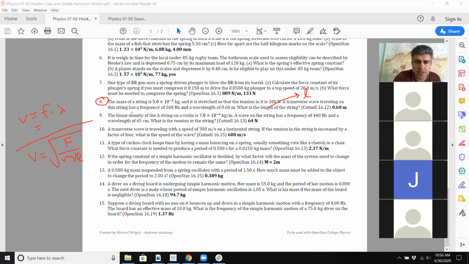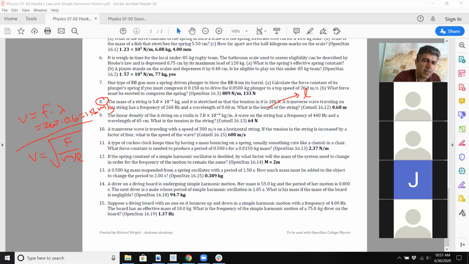The frequency is 260 hertz. Lambda is 60.6 meters. That's easy. Remember, you have to convert the units if it's not meters. So 156, sorry, it's just 156, let's say meters per second.